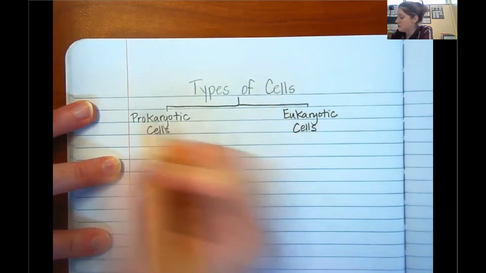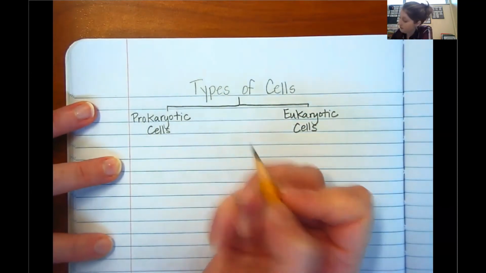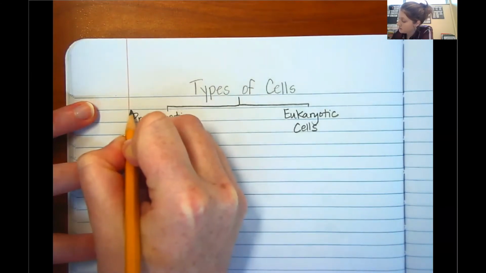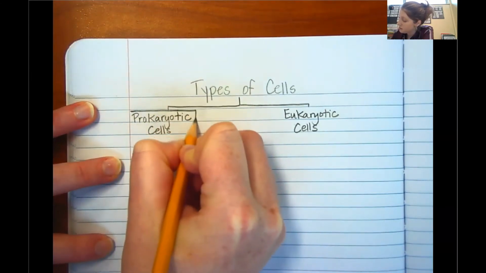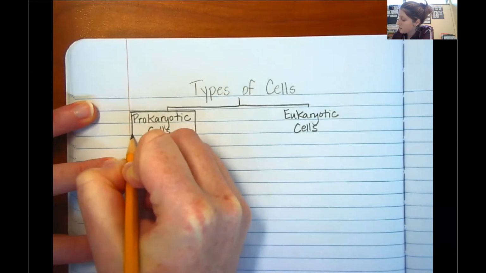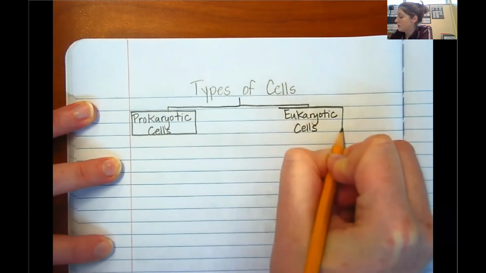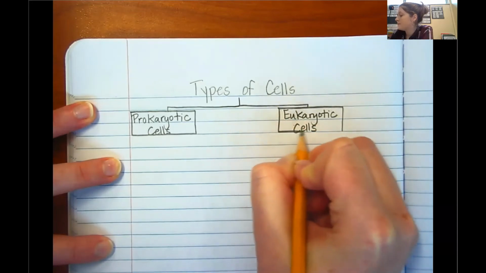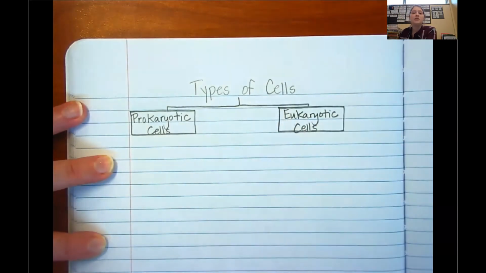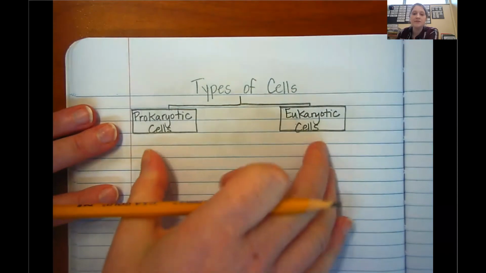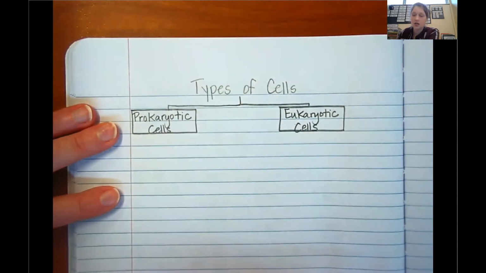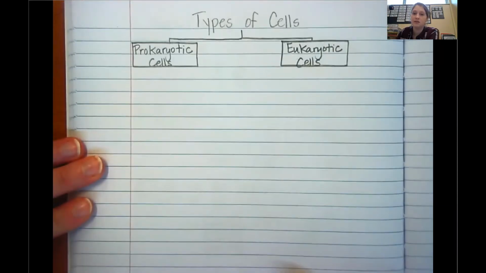So we've divided into two categories. I might put a box around these to give it some visual separation. Okay. Awesome. So we've got our two types of cells. We're going to list information underneath each about those types.